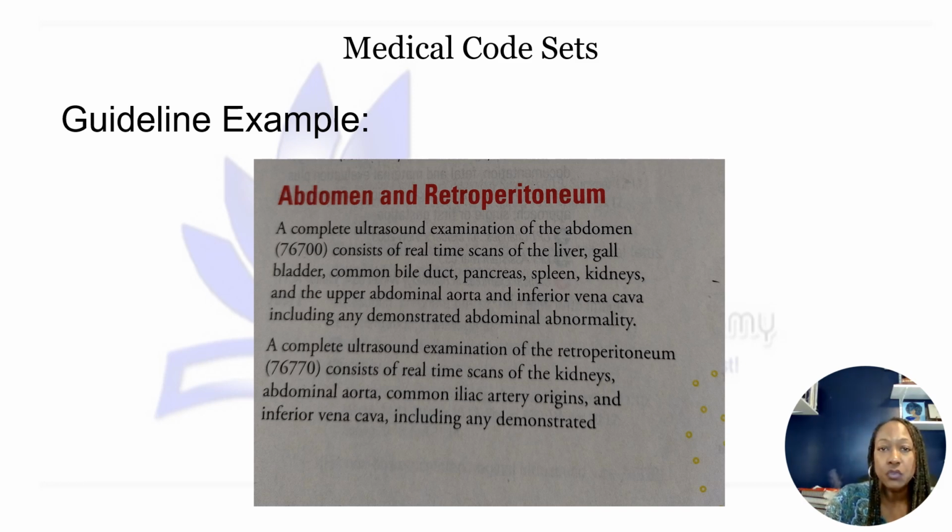So we're in the ultrasound section of our tabular in the CPT, and you can see here that it tells you what encompasses a complete abdominal ultrasound. You can imagine what would happen if we reported to the insurance company that the physician did a complete abdominal ultrasound and they asked for medical records.